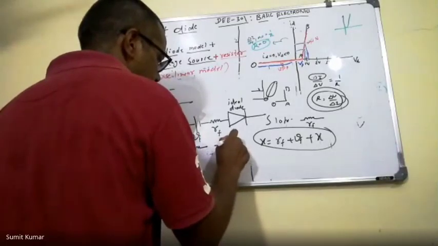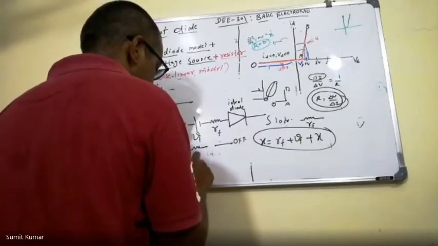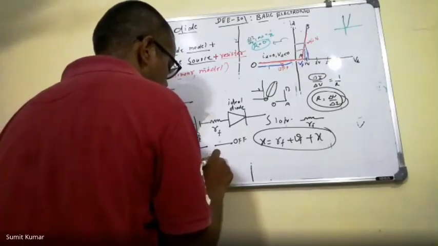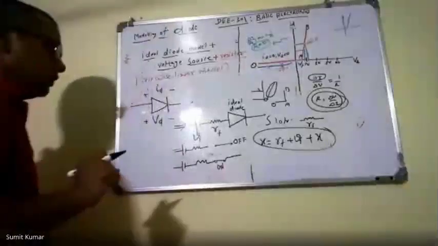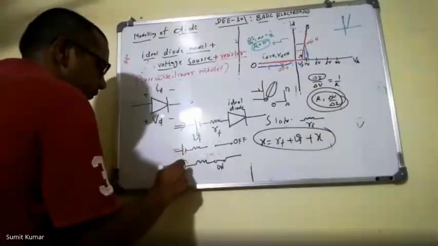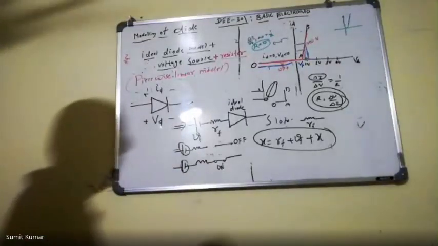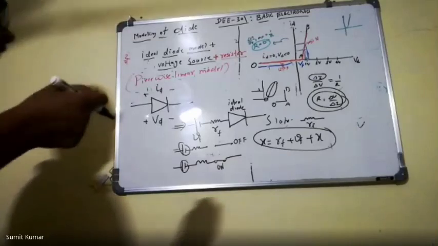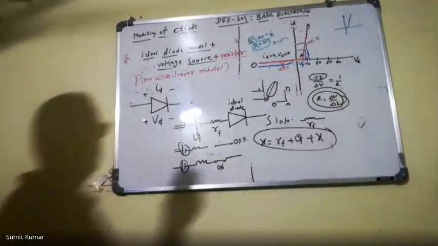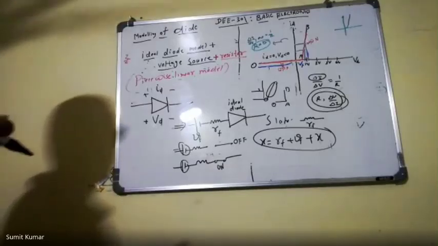This is the off state, and this is the on state. And one thing you need to understand: the value of this will be given. If it is silicon, then you will have to assume 0.7. If it is germanium, 0.2 or 0.3. And if it is gallium arsenide, the compound semiconductor, then it will be 1.2.